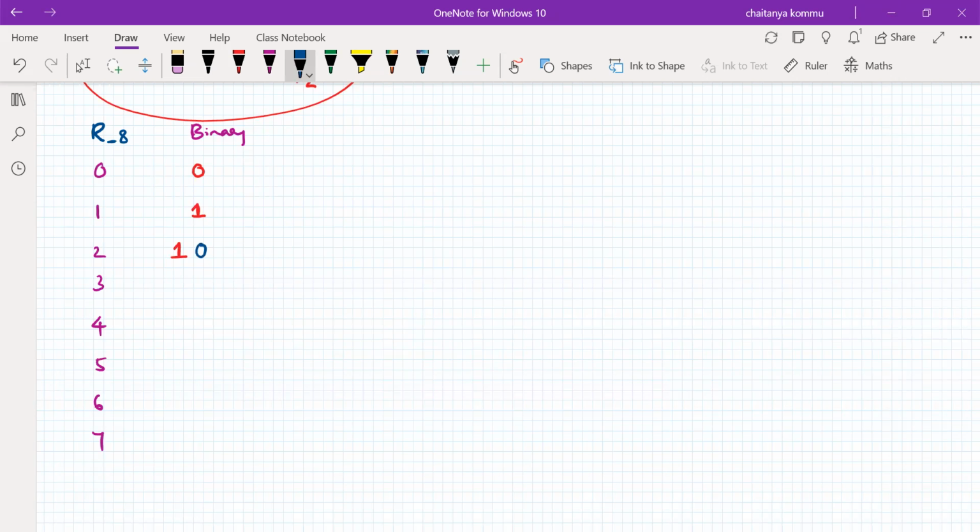So this 0 I have to place there. And for this one, 1, and I have to use this one. That's it. What about 4? For this one, I have to take this number.